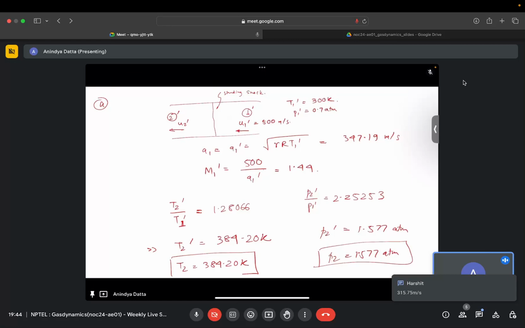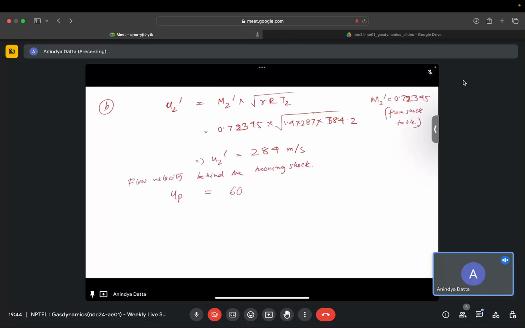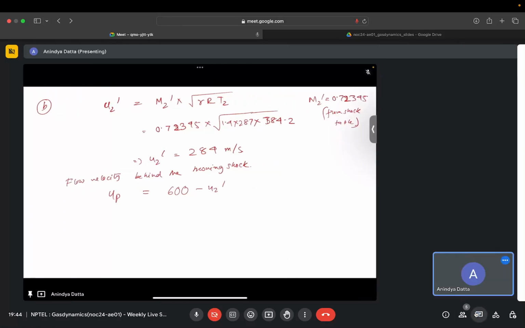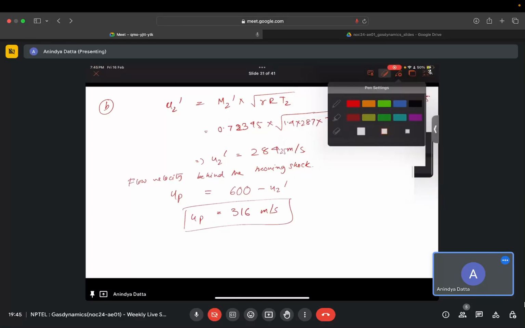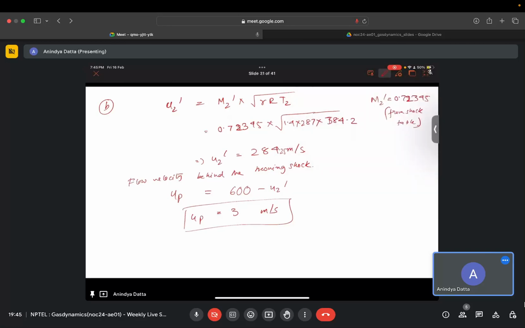Basically what we need to do is 600 minus u2 prime. So we will get 316 meter per second. I think it was 284.25, so we'll get 315.75.